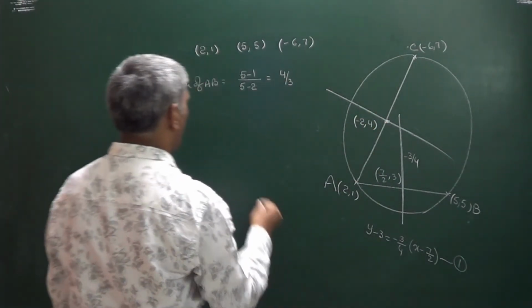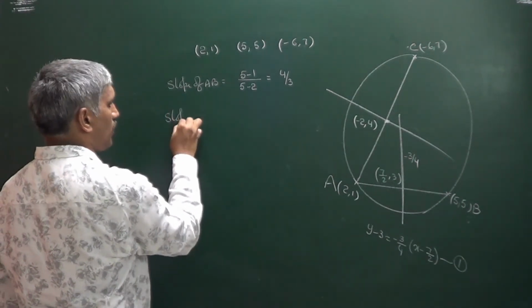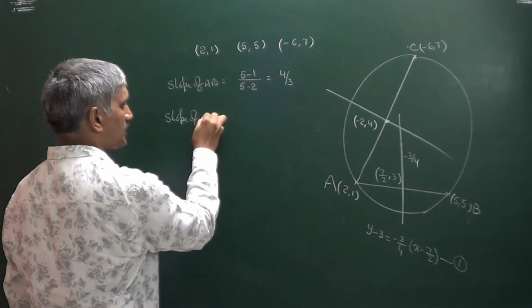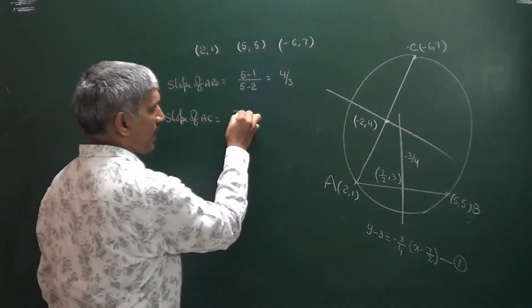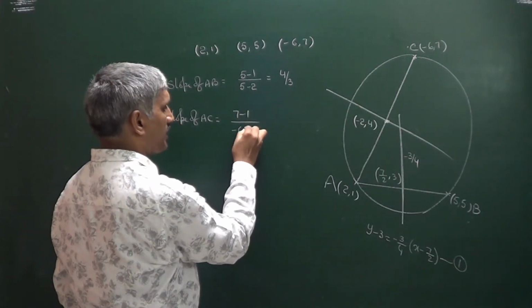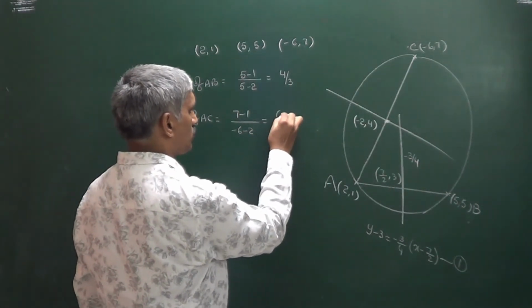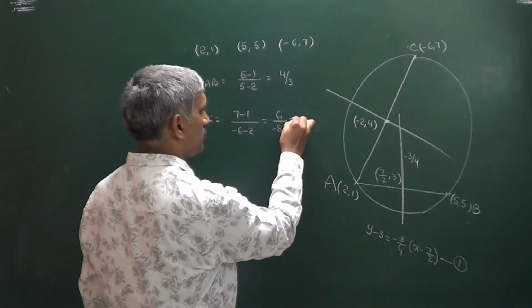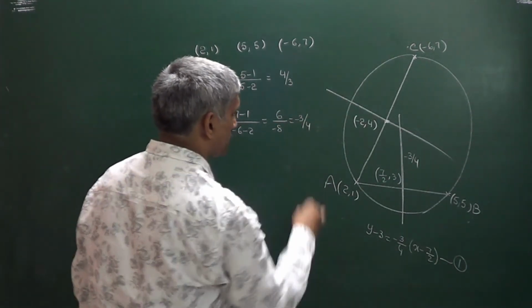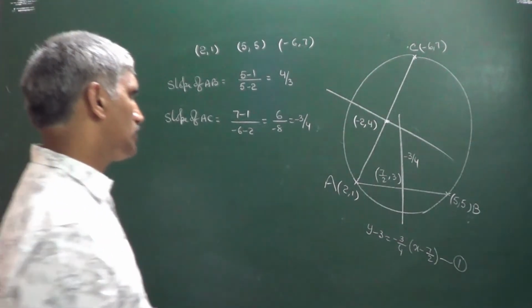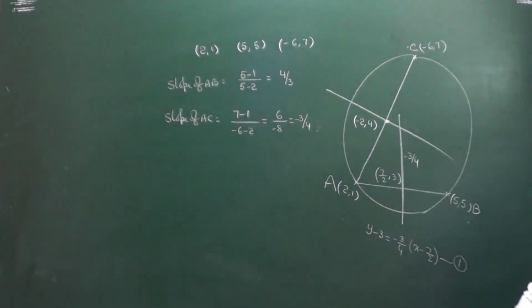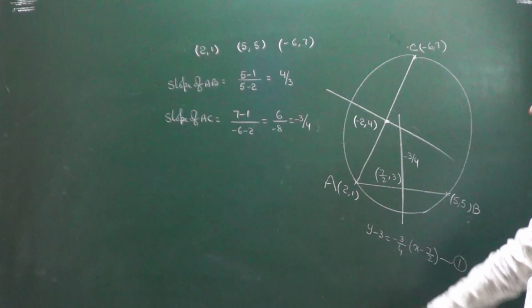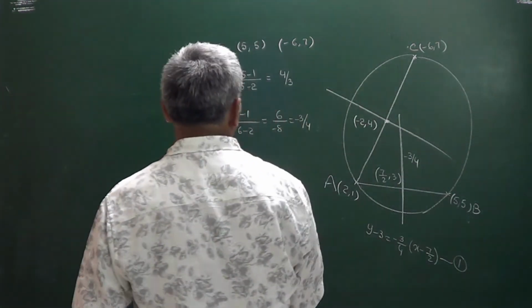What is the slope of AC? Slope of AC is (7 - 1)/(-6 - 2), which is 6/(-8), so we are getting -3/4.